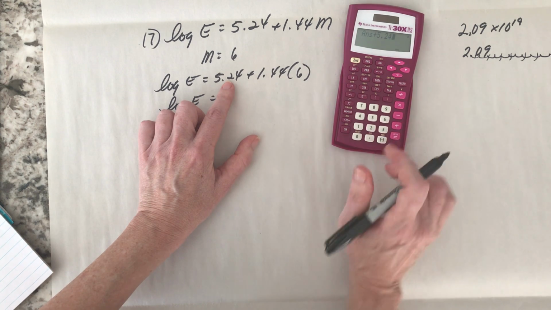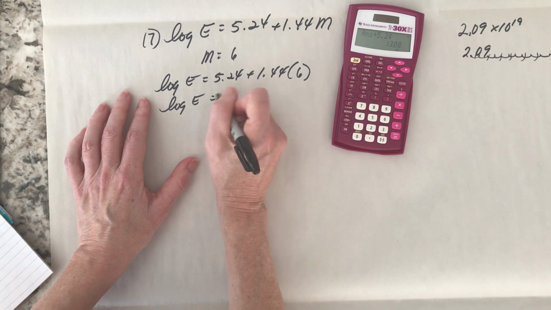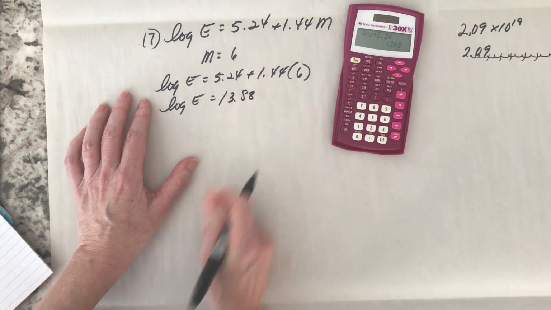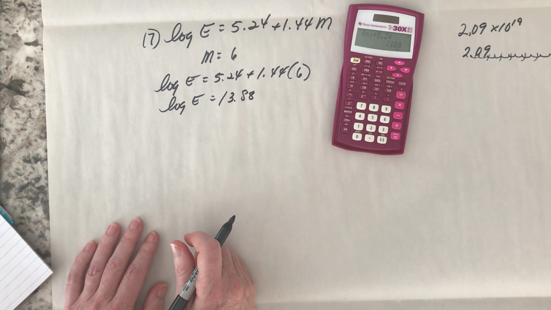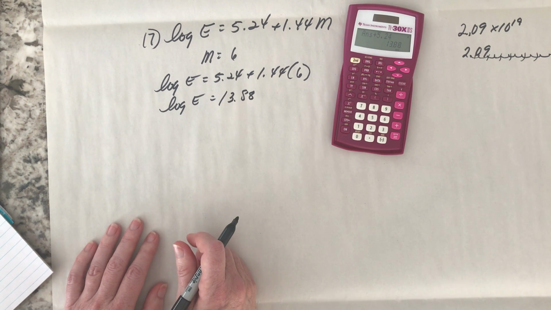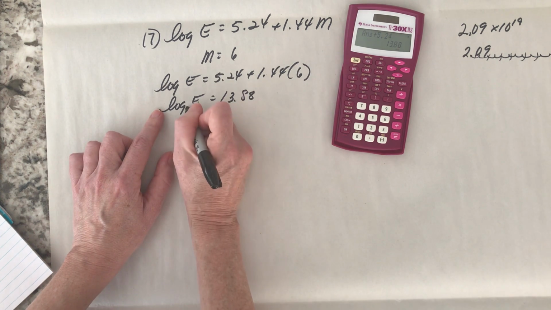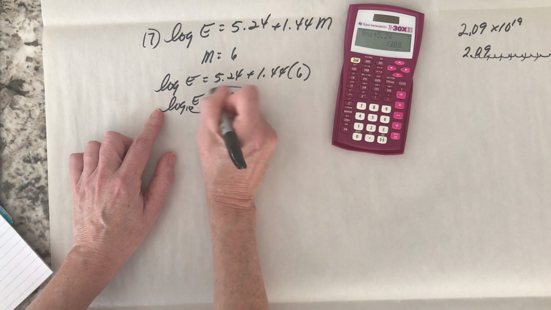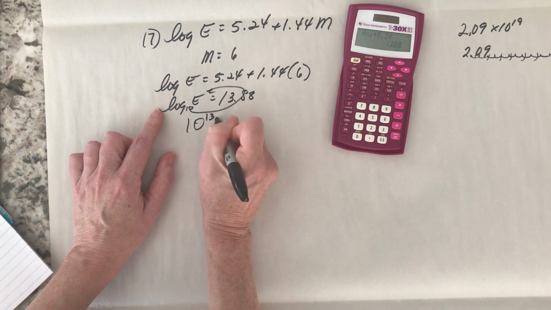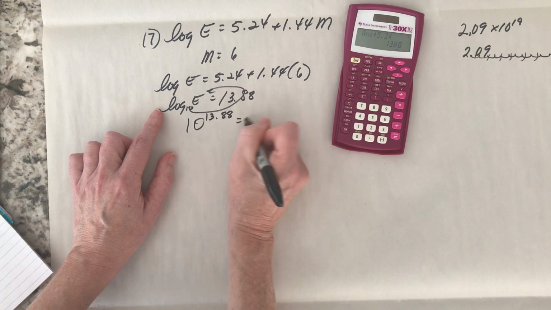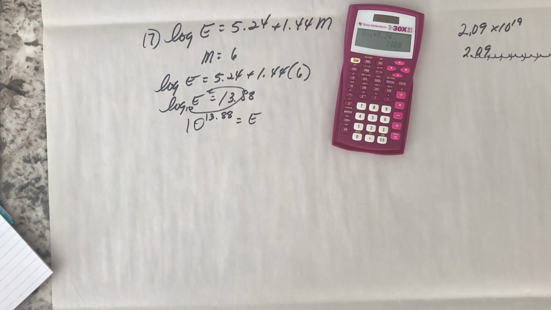And we're getting 13.88. Now what we've got here is a logarithmic equation. Let's know that 10 is right there. Let's do our little circle: 10 to the 13.88 equals E.